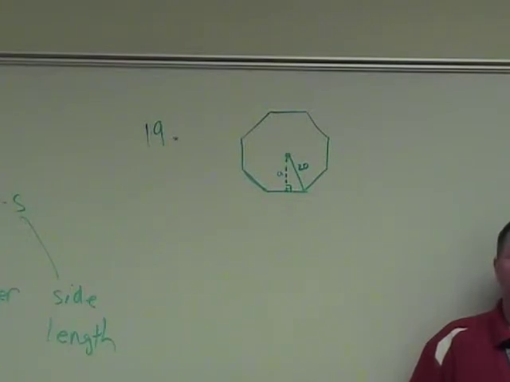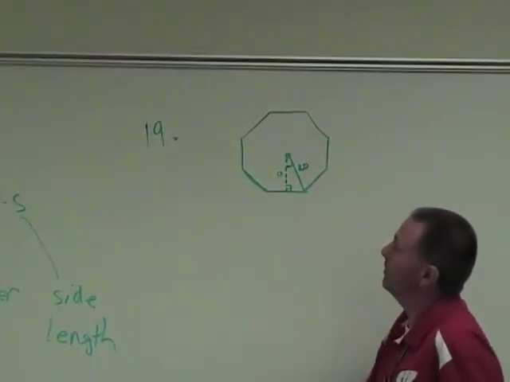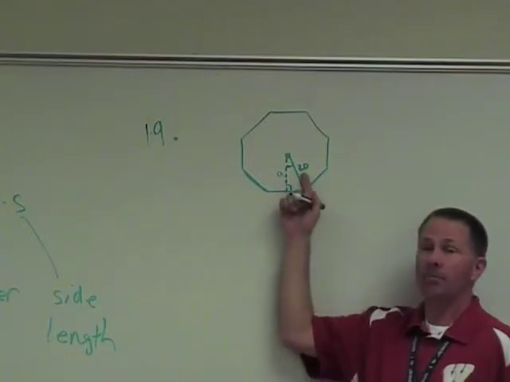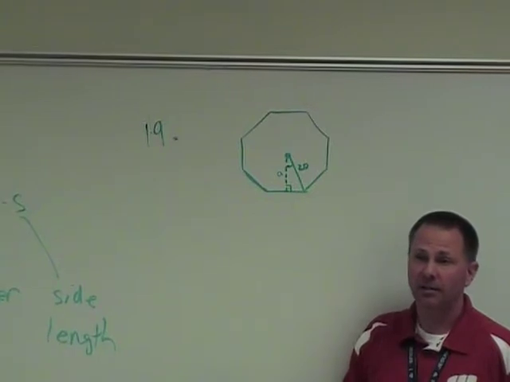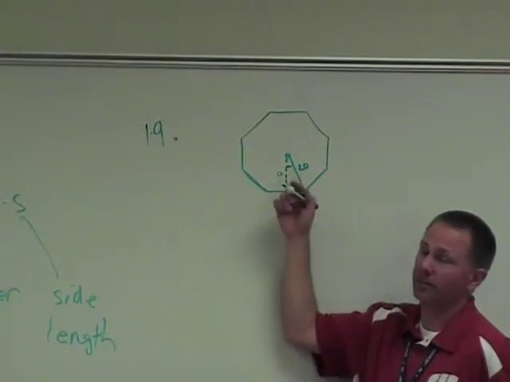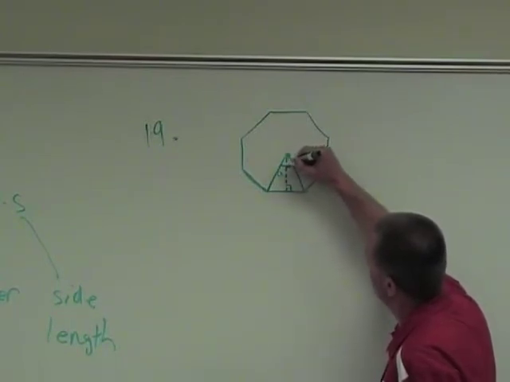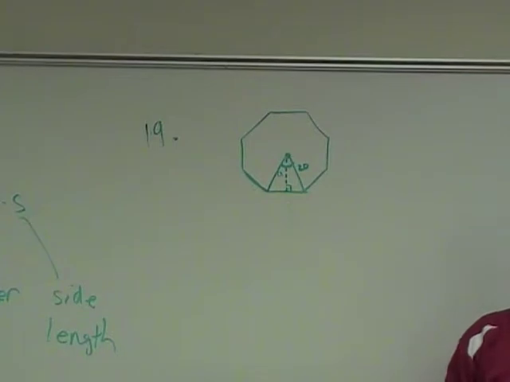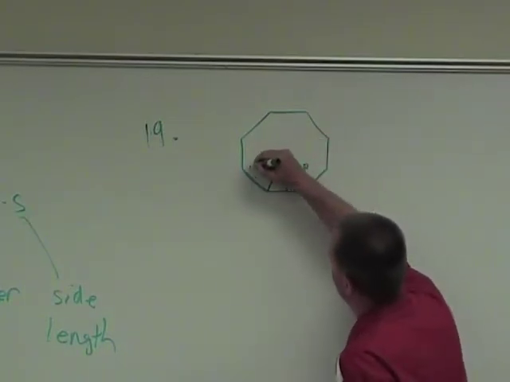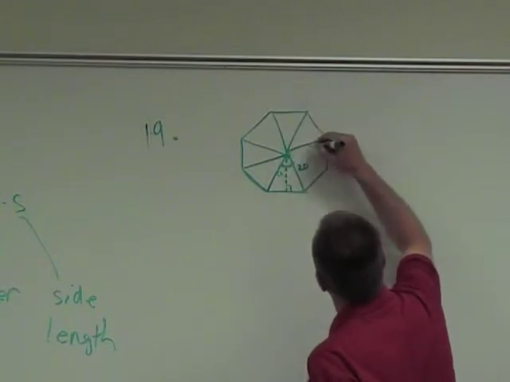But if I had this degree right here, I have the hypotenuse and the adjacent leg. That would be cosine. And I can figure out that degree because this whole degree should be easy to calculate. How many of these are there? There are 8 central angles here.